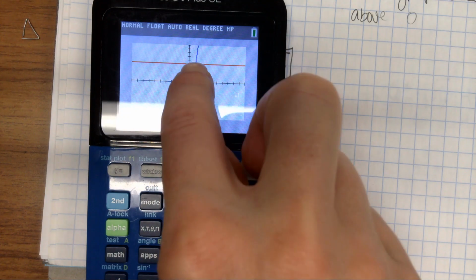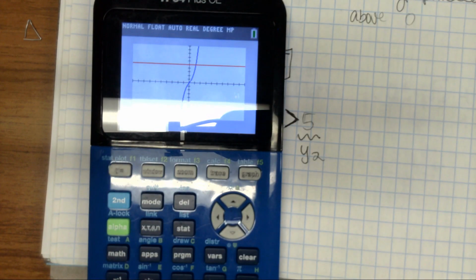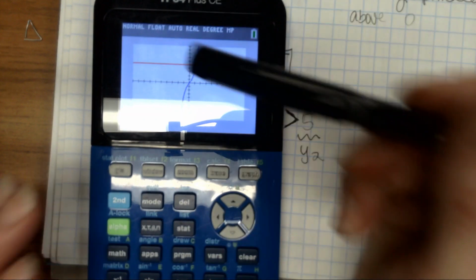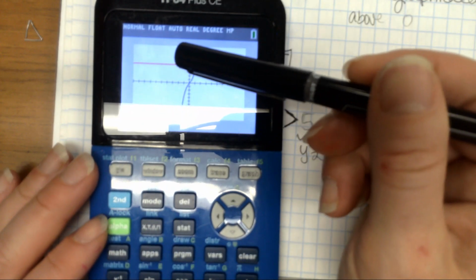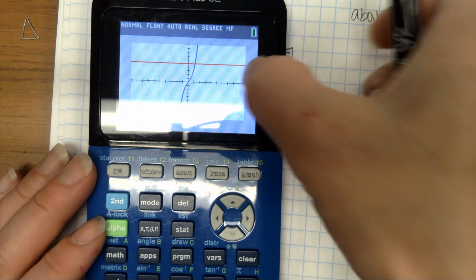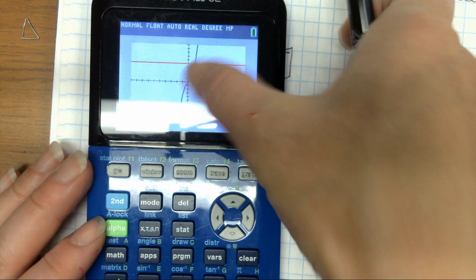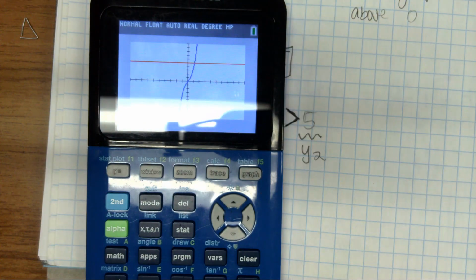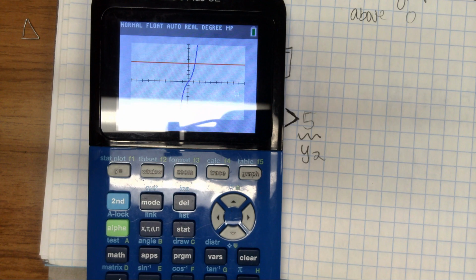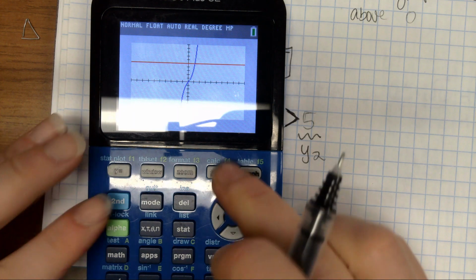This is the line at 5. And hopefully we can all agree that whatever this intersection value is at x, after that point, doesn't the x cubed graph look like it's going to be greater than the line at 5? All right, so let's find where they are equal.